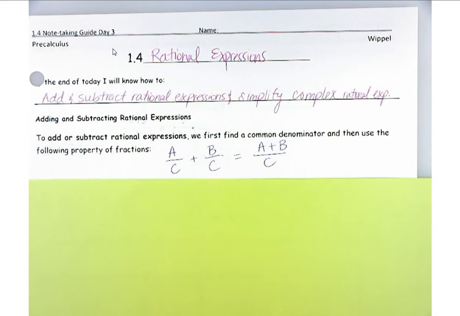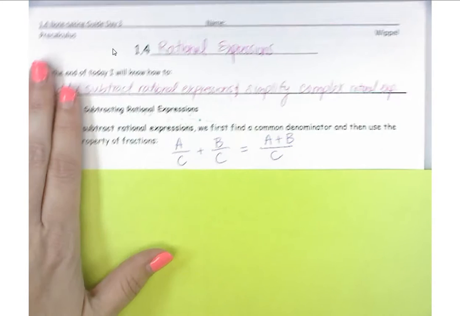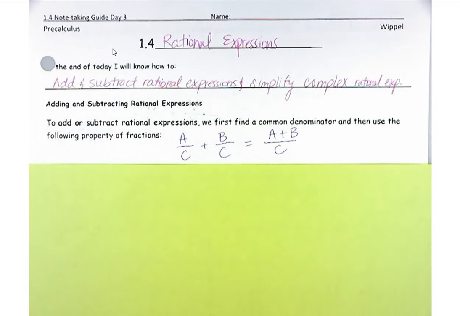That's why this is something that we are doing together, even though you have done this in Algebra 2 and probably also in FST if you were FST. When you're adding and subtracting a rational expression, you do have to have a common denominator because a rational expression is still just a fraction.